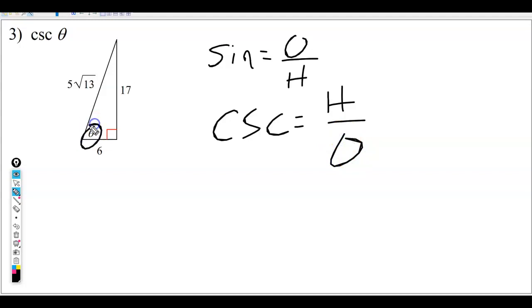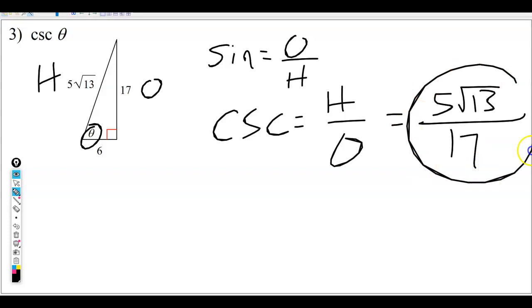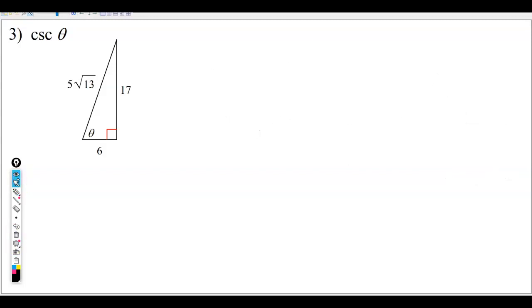So my reference angle is here. This is my opposite, and this is my hypotenuse. So hypotenuse over opposite would be like this. Now, don't forget, though, if you guys ever end up with a square root on the bottom of your fraction, you can't leave it there, right? But there's our final answer for this particular question.